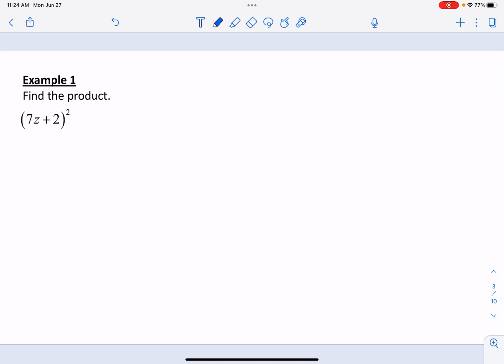Okay, so finding this product. I just want to remind you: a plus b squared, well, that's a squared, and you have two of those middle terms.